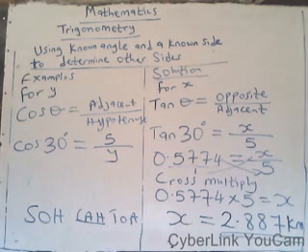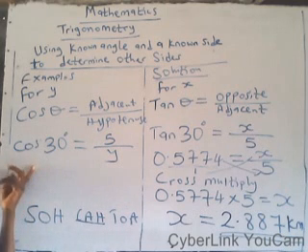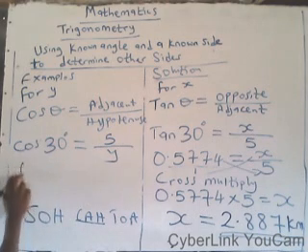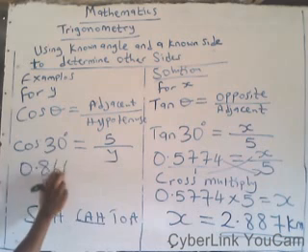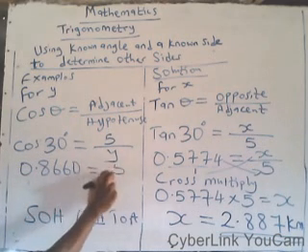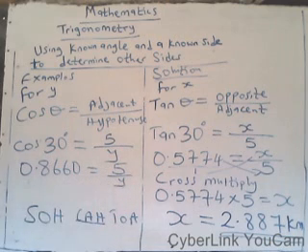Now from our four figure table, if you check very well, cos 30 degrees will give you 0.8660, which is equal to 5 over y.